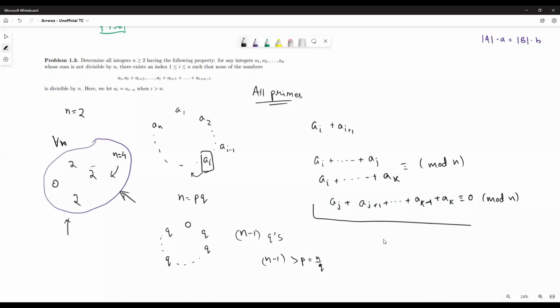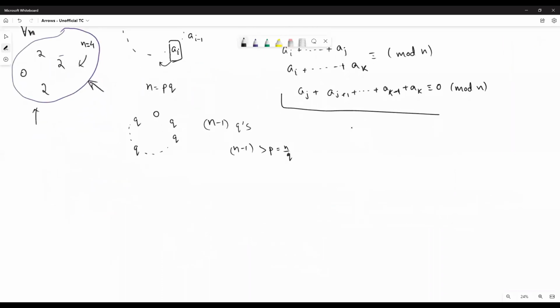Yes. I'll show just another case. If n equals, suppose, 10, then taking all these as 2's, 5 2's, 1, 2, 3, 4. This works because the sum of 2's is 14, sorry, 18, not divisible by 10.